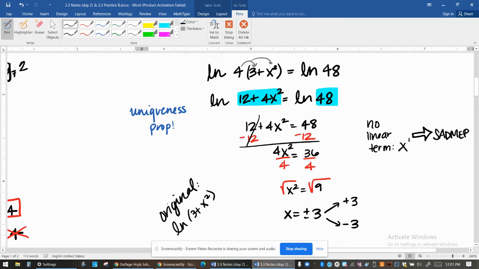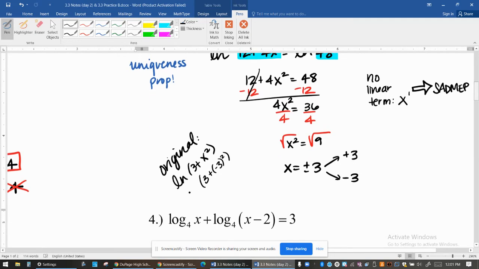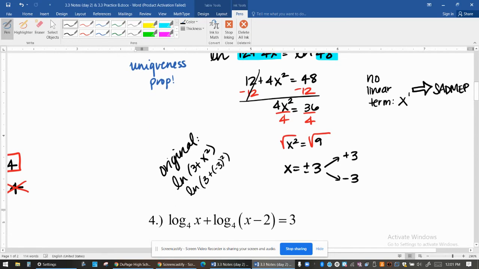If I substitute positive 3, I'd get 3 squared plus 3. That's not going to come out negative. What if I substitute negative 3? Would that come out negative? Nope, because negative times negative is positive, and you'd actually get the same answer for both positive 3 and negative 3. So then they are both solutions.